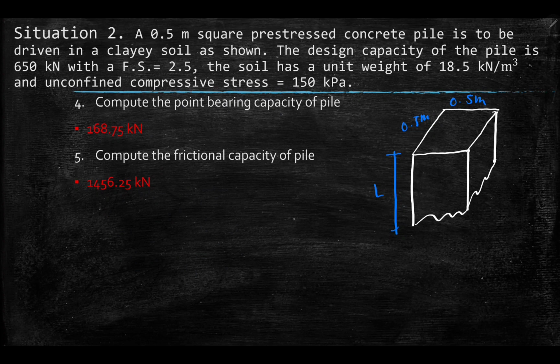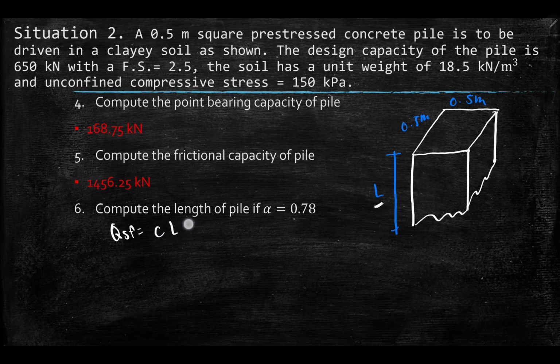For our next problem, we have compute the length of the pile if alpha is equal to 0.78. Let's compute this length. Since alpha, the adhesion factor, is given as 0.78, we have to utilize it. What formula uses the adhesion factor? It is our frictional capacity, QSF equals c alpha times the perimeter times length.